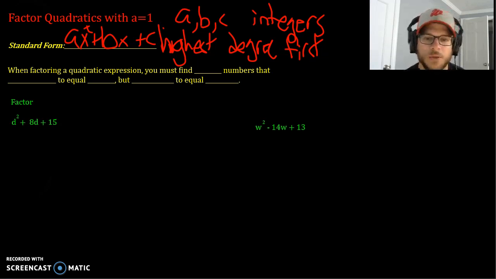Now, when you're taking this quadratic expression, and whenever you're trying to factor it into two binomials, that's what your result is going to be.